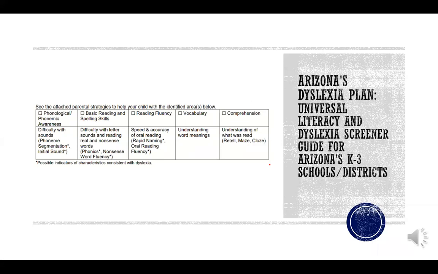The Arizona Department of Education provides parental strategies to be sent home to all kindergarten through third grade students screened below benchmark in the fall, winter, and spring, along with the second parent notification. These strategies are sectioned into specific skill sets that match the area of need in parent letter number 2.